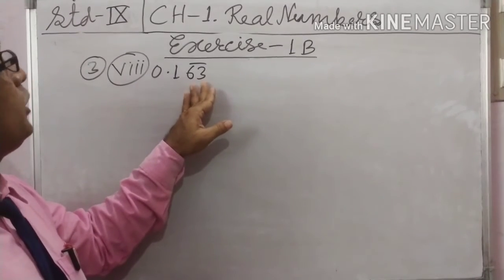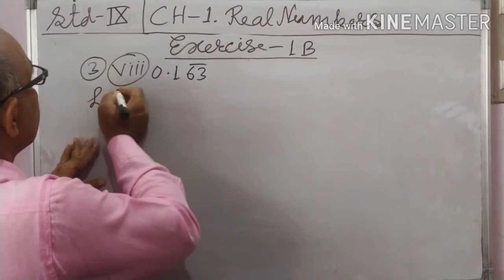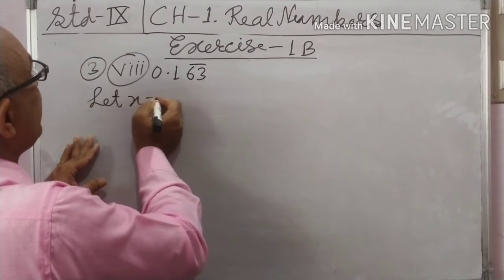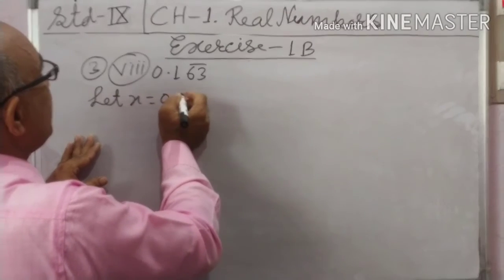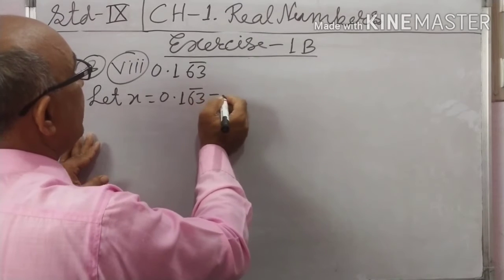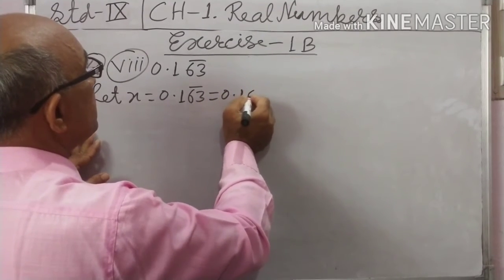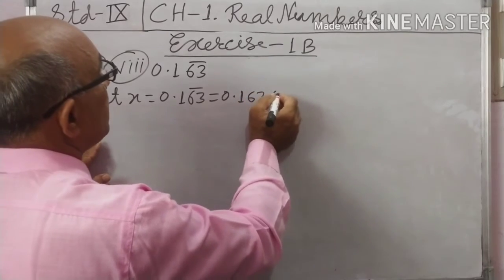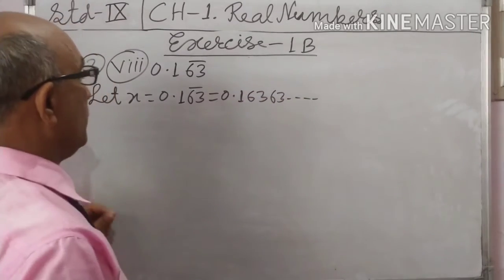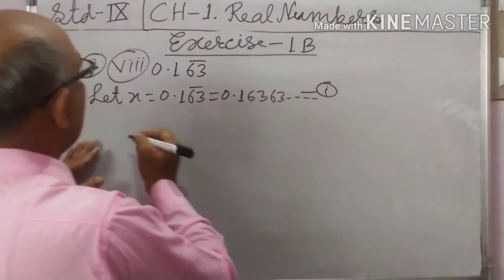0.163 bar. Here the length of the period is 2. So let x equal to 0.163 bar. That means 0.163 dot dot dot. It is equation 1.